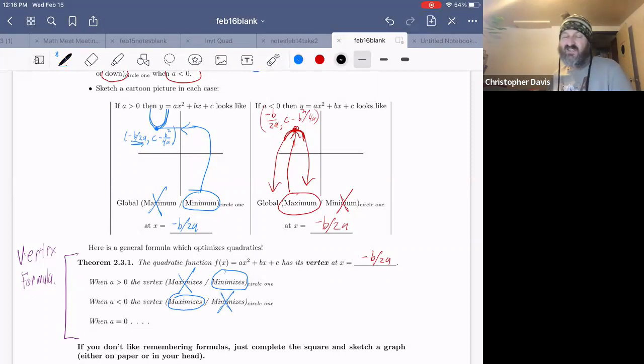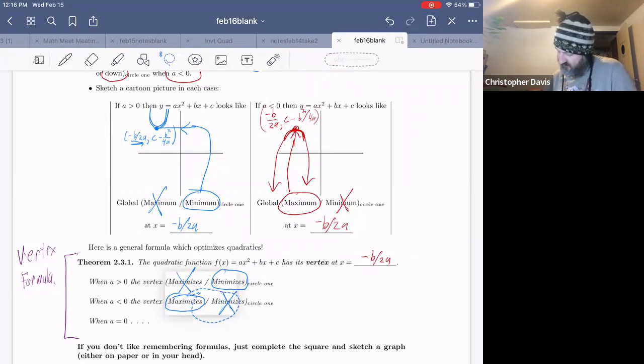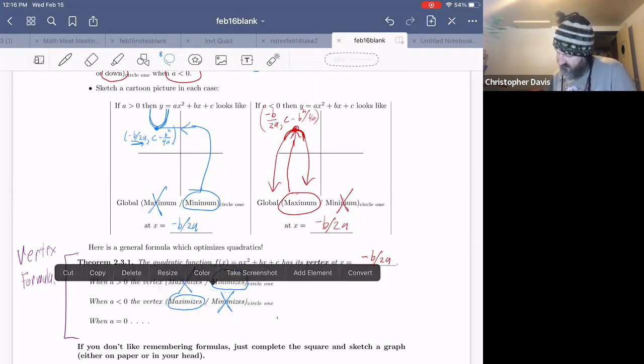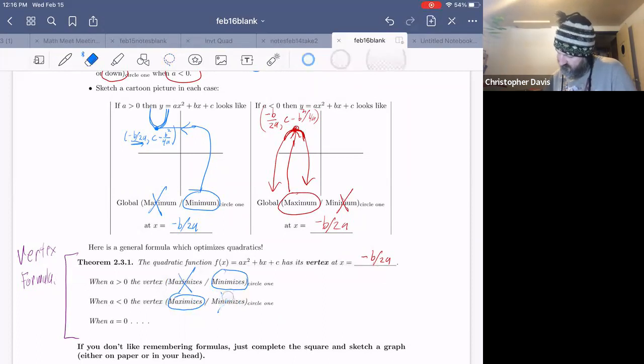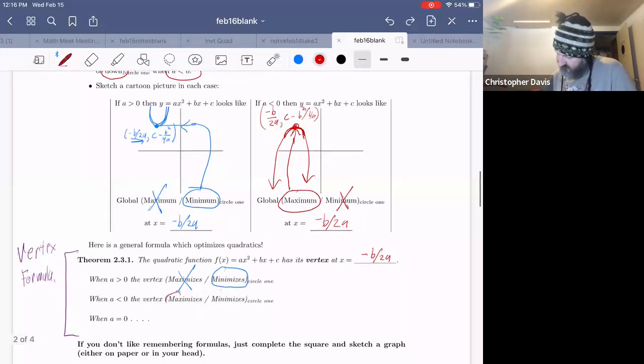And that always suggests, well, if you know something happens when a is bigger than 0 and when a is less than 0, what happens when a is equal to 0? Oh, sorry, those two should be in red. All right, cool.